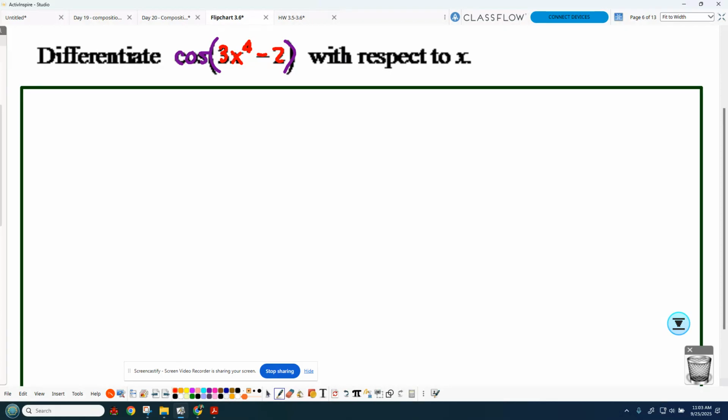So derivative of the outside, leave the inside alone. And then Annika, how do I do the derivative of the inside? 12x to the third. And I kind of recommend rewriting it so that everything is in an order that we usually do. I am concerned that if you leave this as those two things multiplied together, you might bring that 12x cubed into the angle of sine, which is not supposed to be there. Good enough?